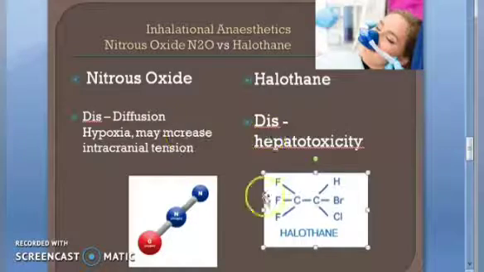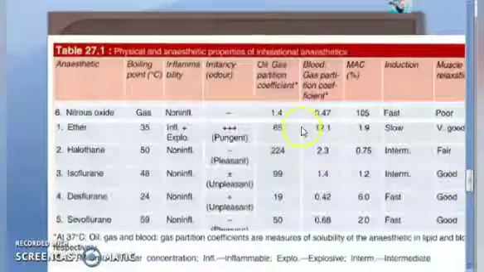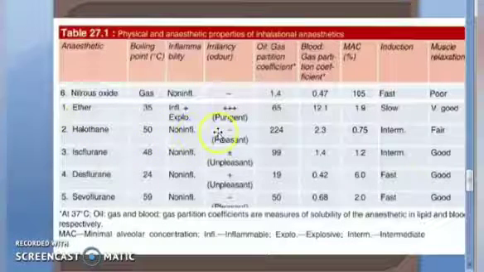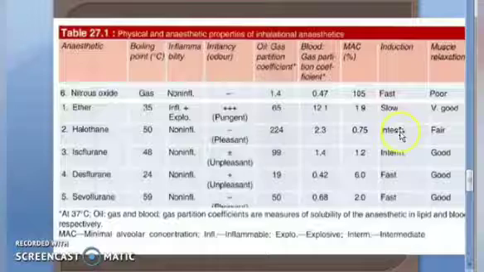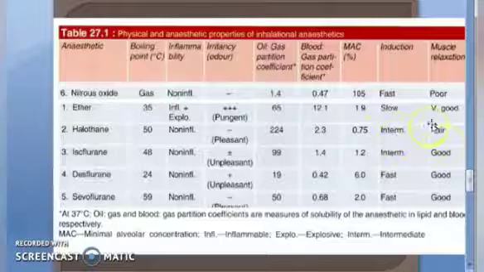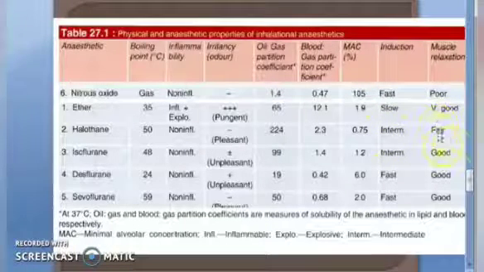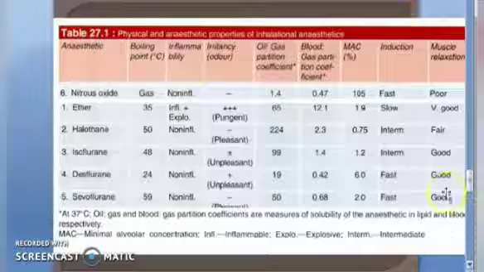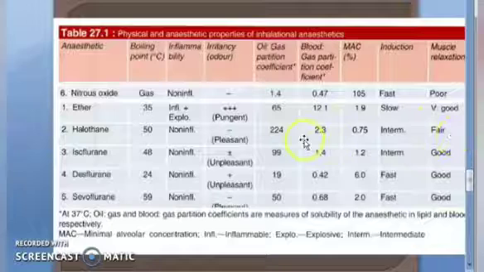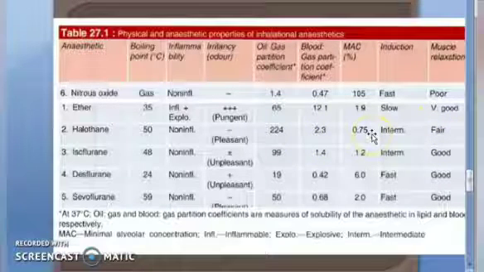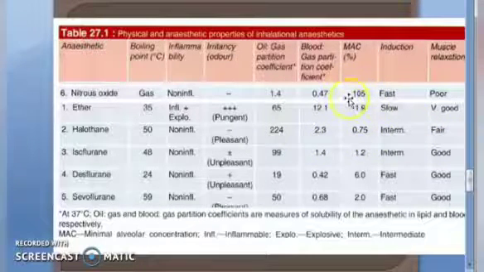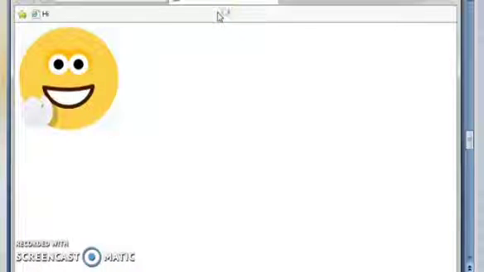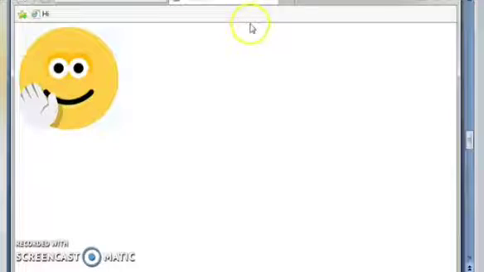Look at this chart here. Halothane has some muscle relaxation property. Minimum alveolar concentration: halothane very less, nitrous oxide you need a lot. You understood, guys?